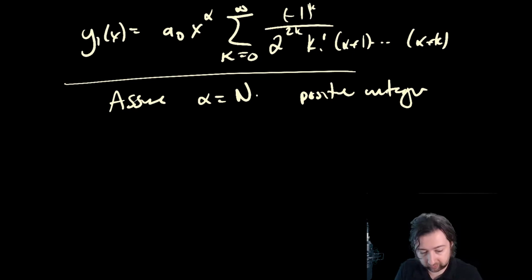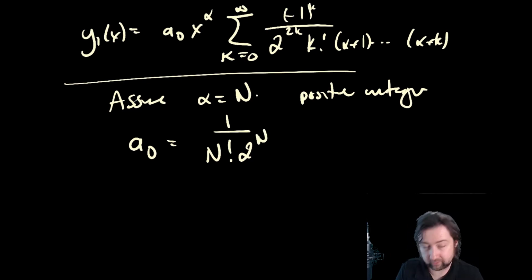Then, also, I can simplify algebraically the representative solution by choosing a magic value of a naught. So there's an exercise here. I'm going to pick a naught equal to 1 over n factorial times 2 to the n.